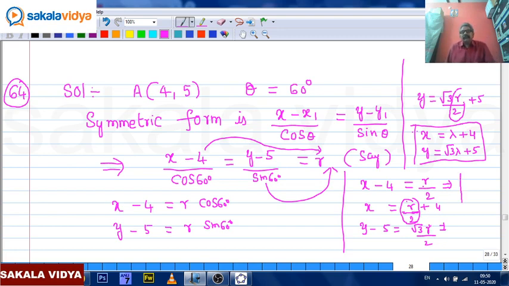Better say, let us say R by 2 is equal to lambda, then we get these two equations.